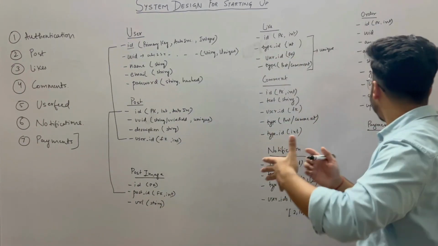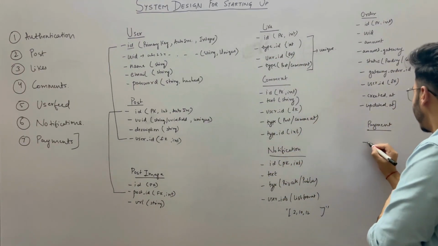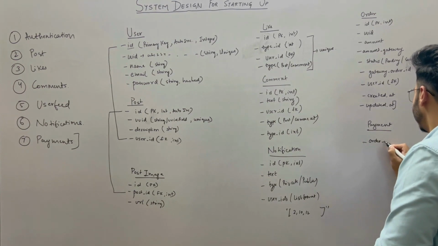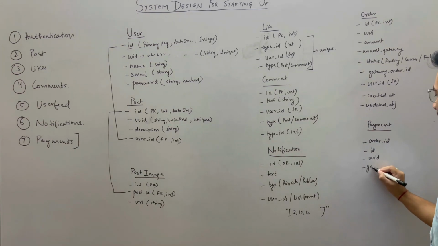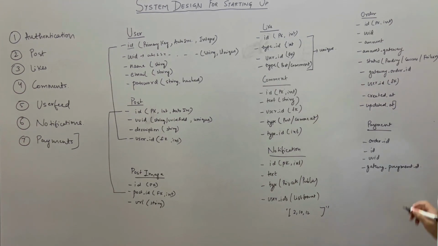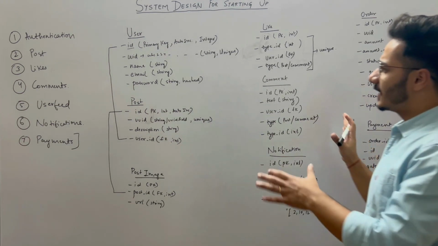But if you want to add that, then you can add it here, like order ID will be here, and then ID, UUID, gateway payment ID, and amount again.